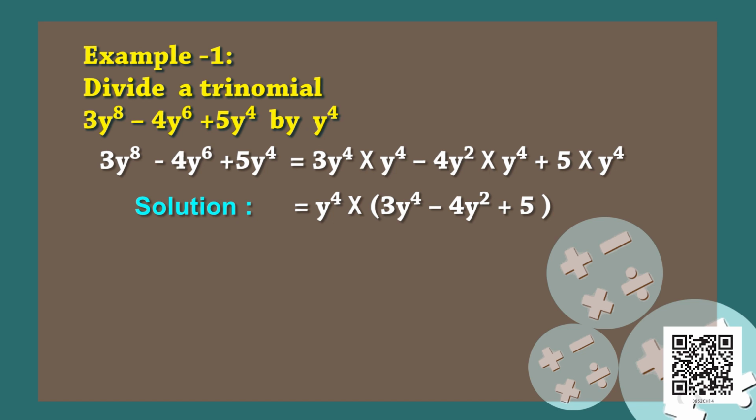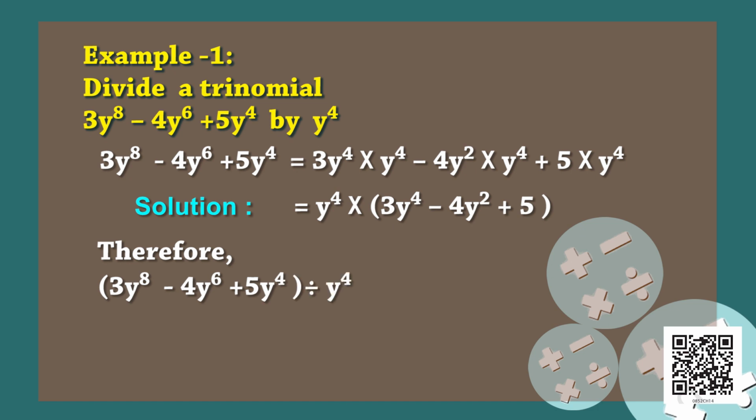Therefore, (3y to the power of 8 minus 4y to the power of 6 plus 5y to the power of 4) divided by y to the power of 4 is equal to y to the power of 4 into (3y to the power of 4 minus 4y to the power of 2 plus 5) divided by y to the power of 4.